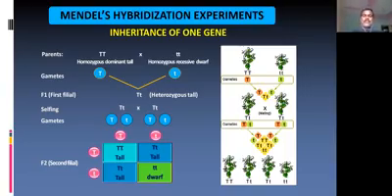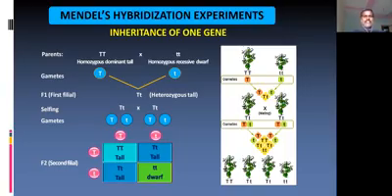Again, he has self-crossed the F1 generation. When he self-crossed, the gametes got separated. Again, you can see the gametes here, and they are encircled. Once the crossing is done among those, we get the second filial or F2 generation.